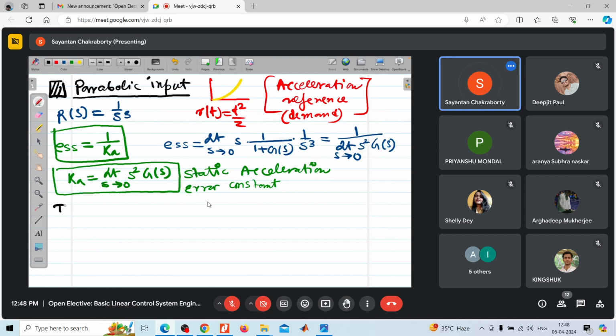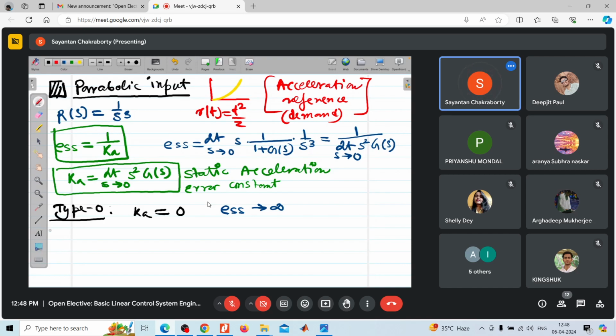Start with a type 0 system. What will be Ka? It will be 0, and correspondingly ESS will be infinity. So a type 0 system cannot follow such a parabolic input as position command, or cannot provide a desired constant acceleration.